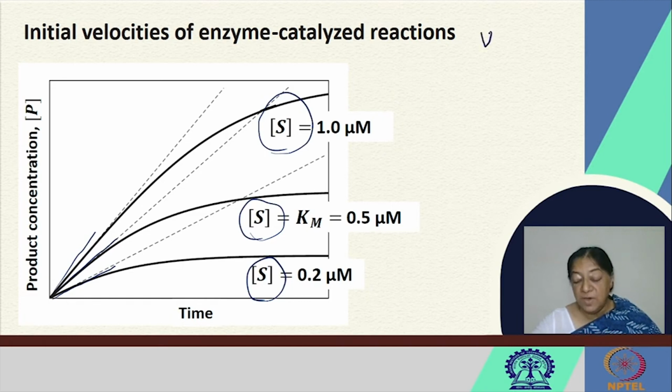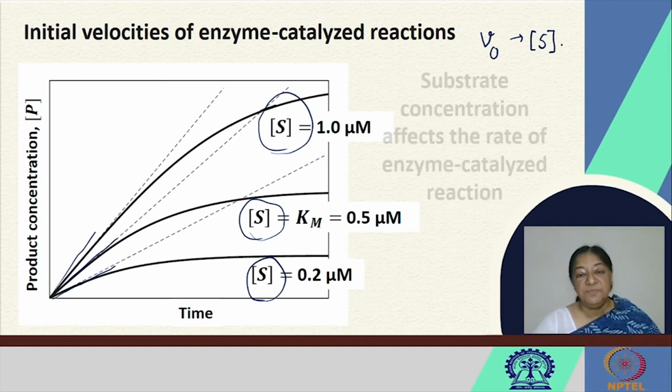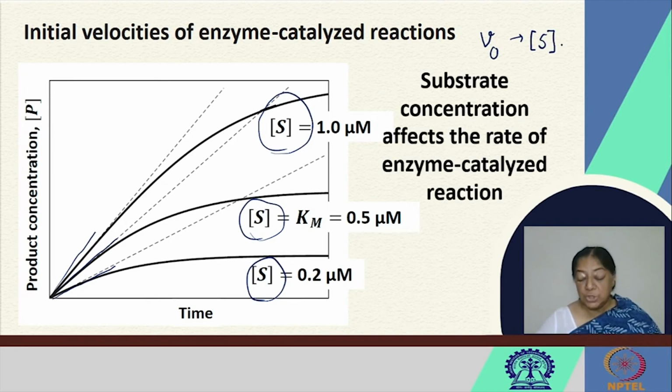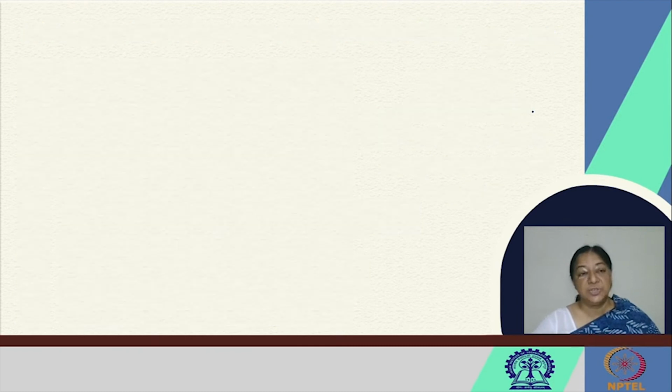So we will have an initial velocity corresponding to each substrate concentration. This is important in understanding how we can define our system. So the substrate concentration will affect the rate of this enzyme catalyzed reaction.